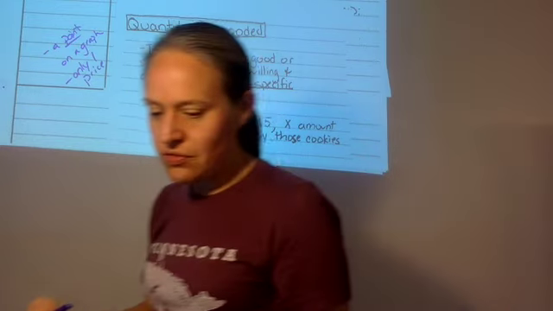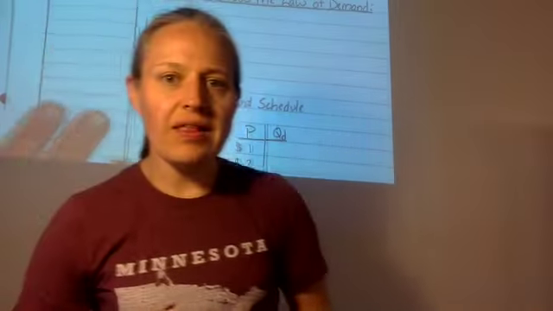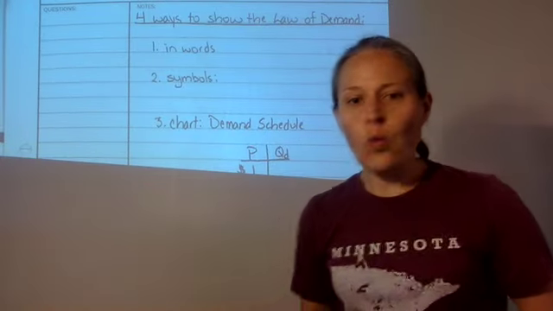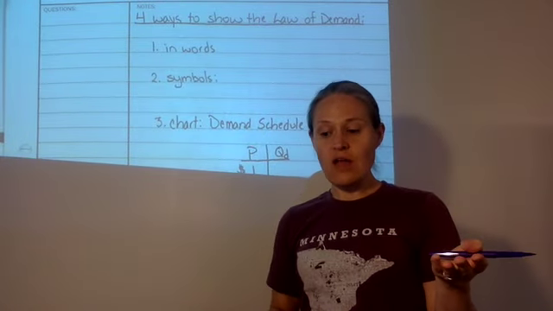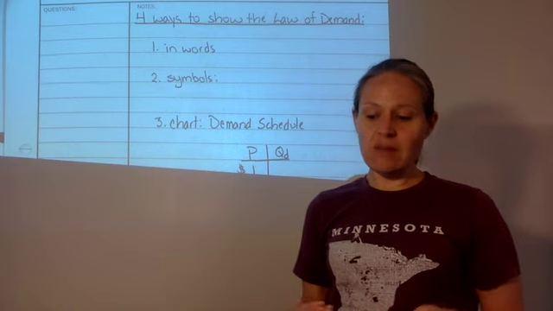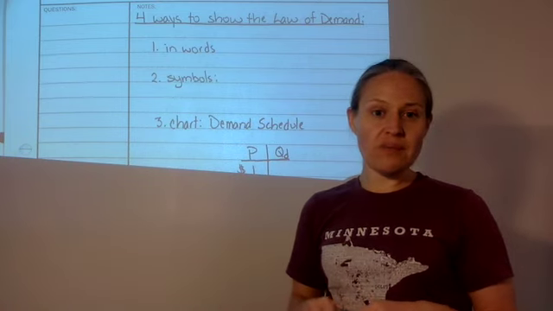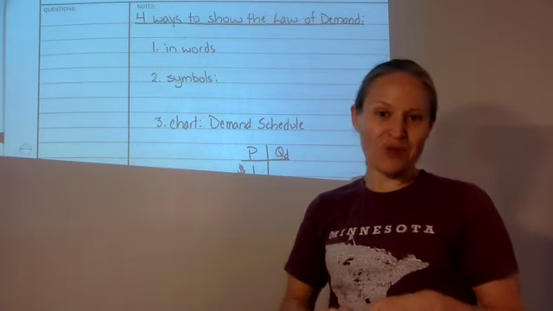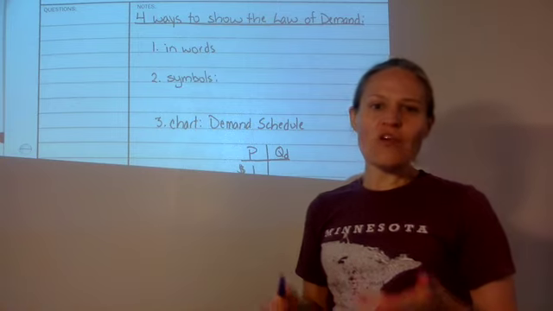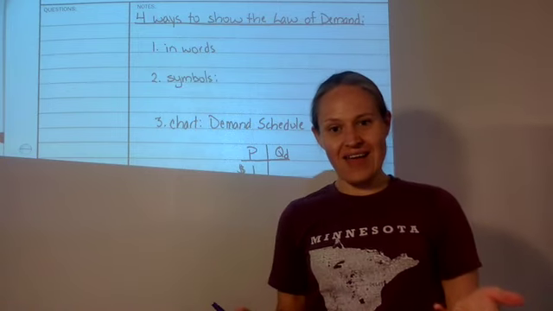Let's go to page 3. Okay, we just said that the law of demand is when the price of something goes up, fewer people will buy it, ceteris paribus. And when the price of something goes down, more people will buy it, ceteris paribus. So we can always say that.